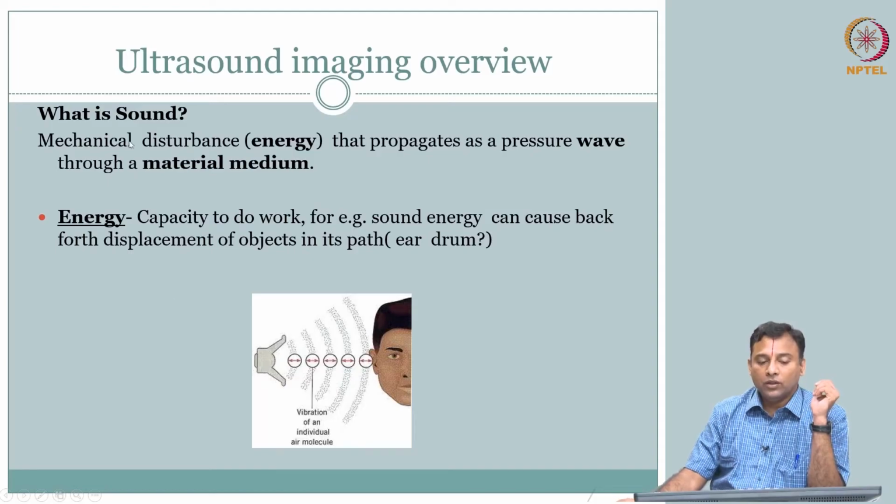Sound is energy, energy means capacity to do work. So, sound energy can move back and forth an object that is in its path. In this instance, it is the eardrum that we can relate to. So, there is energy that propagates as a pressure wave.